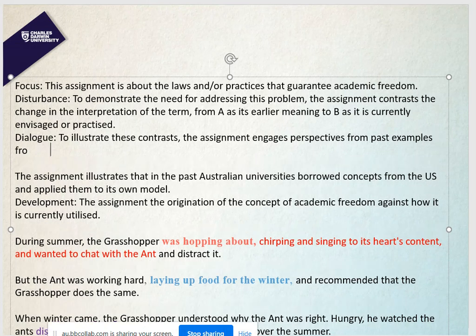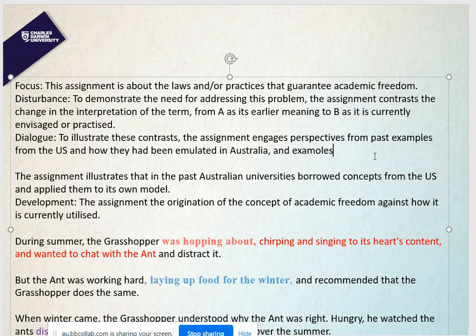Pretty much the US and how they had been emulated in Australia, and examples, and compares that with examples with what?